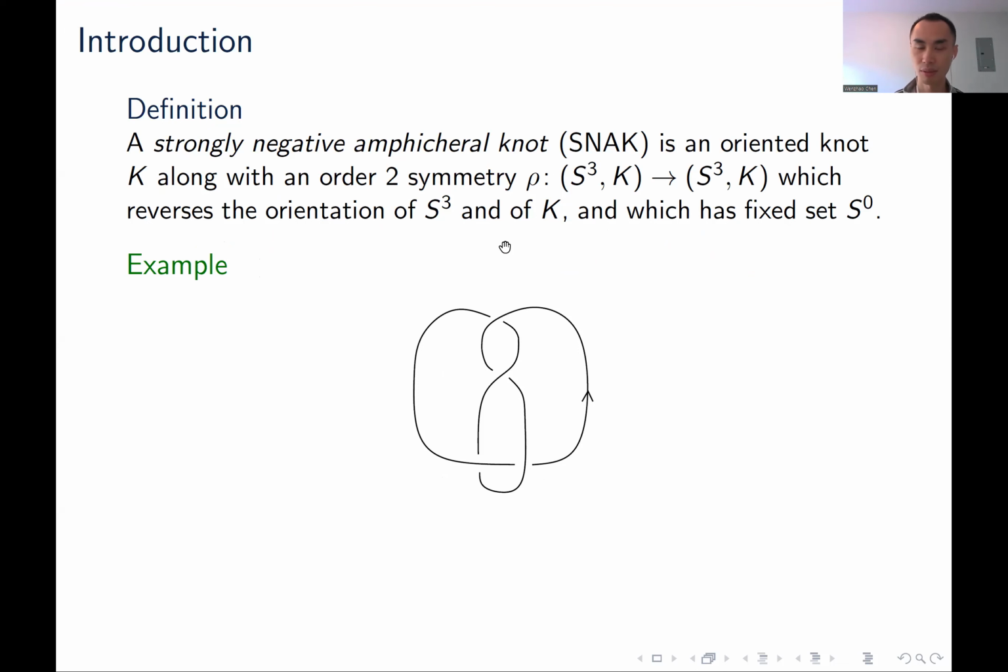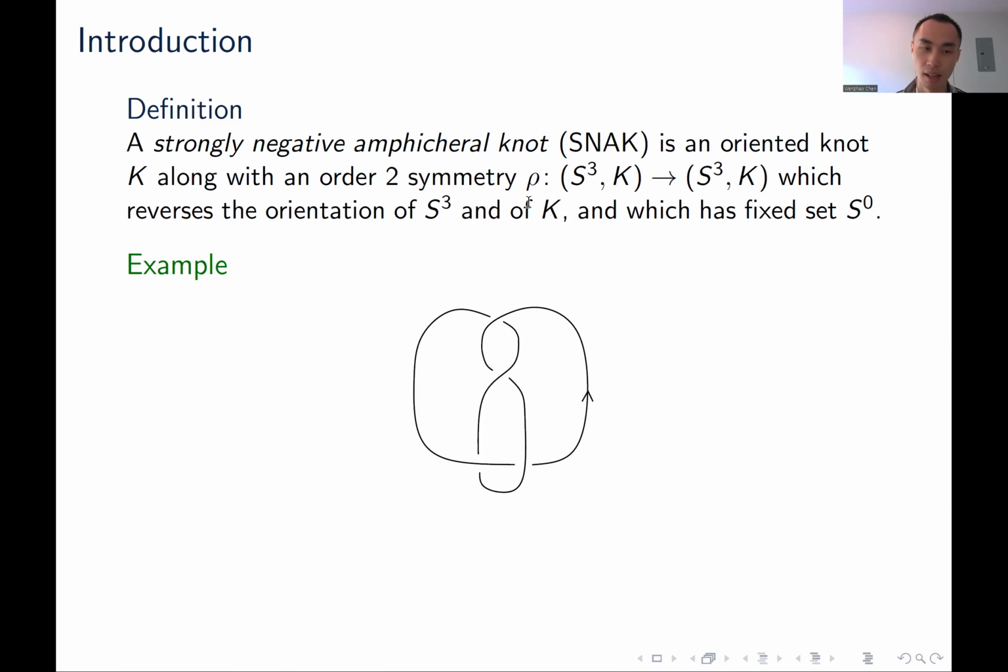Let me remark that in our definition, we're thinking of the symmetry rho as part of the definition, so a snag is a pair K and rho. This is slightly different than what you can find in the literature, in which sometimes we just think about a knot as a snag if it admits such a symmetry.